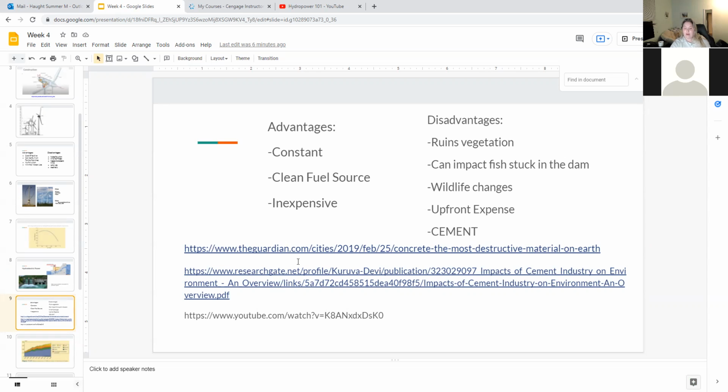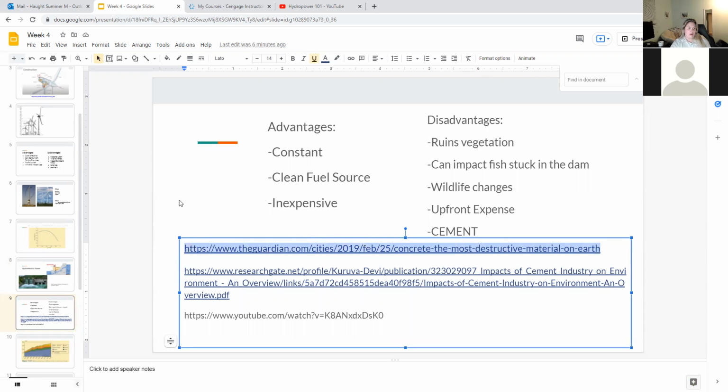This one is more opinion-based, so it's not as factual, but it's definitely an interesting one to read and give your opinions on, whether you agree or disagree, because it talks about the destructiveness and environmental catastrophes that can happen because of cement or concrete.